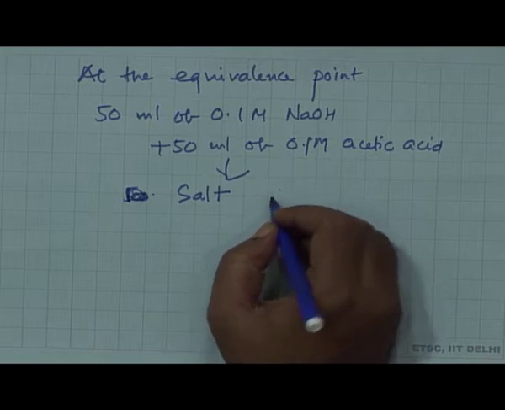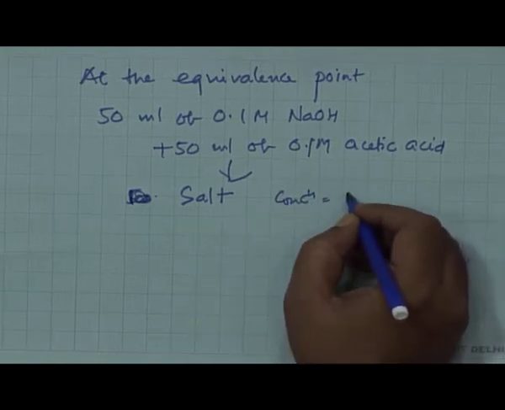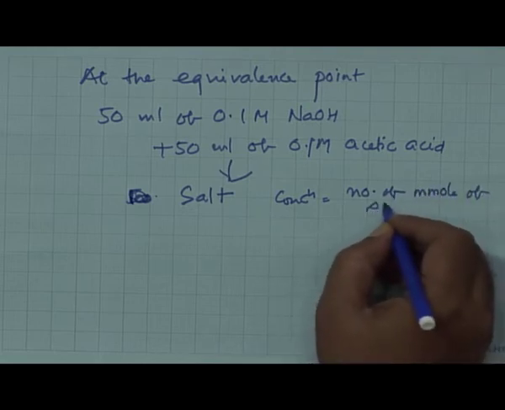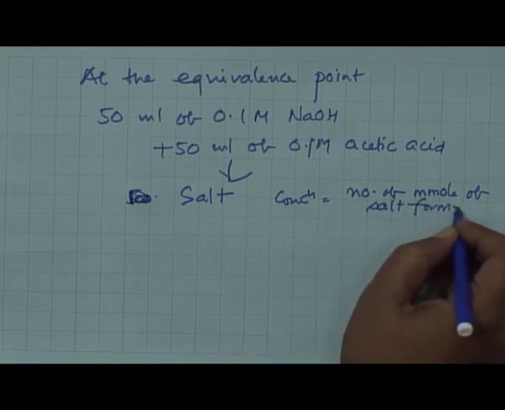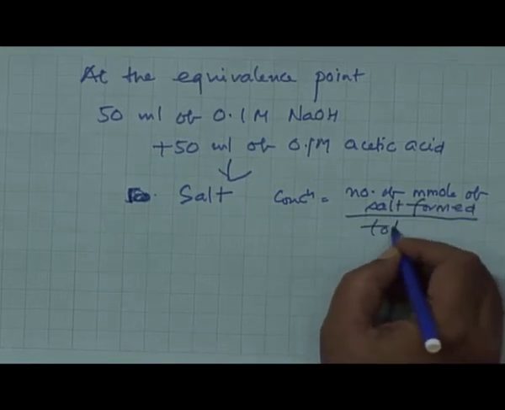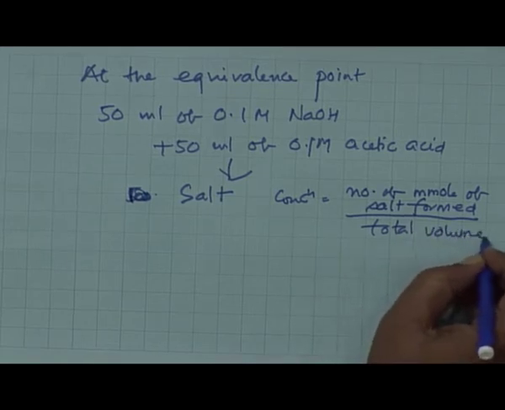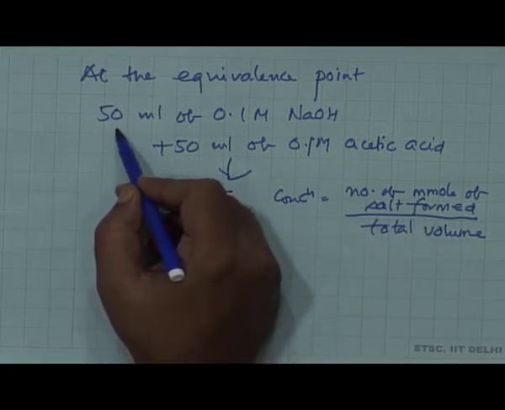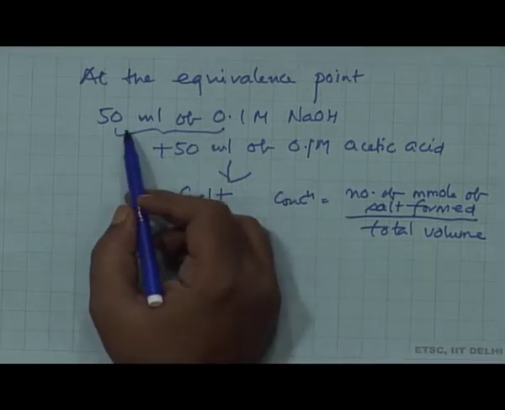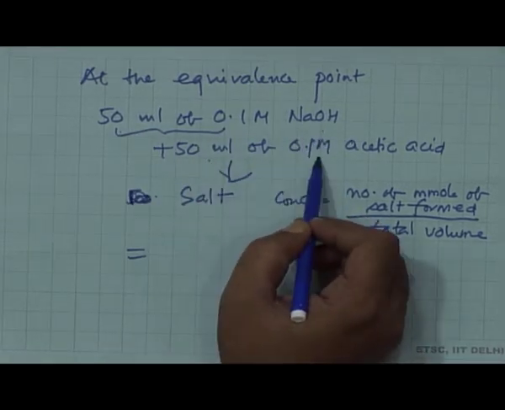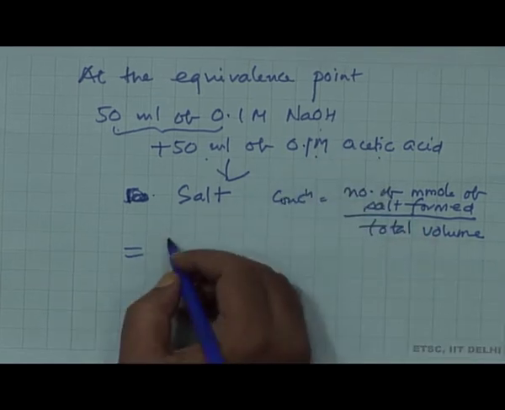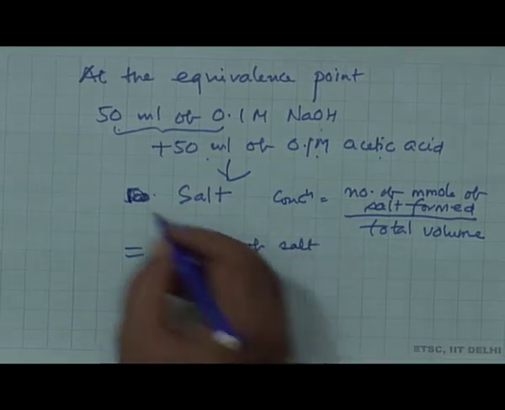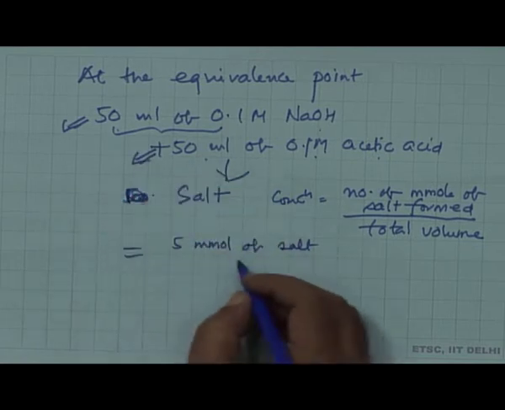The concentration will be the number of millimole of salt formed divided by total volume. What you have done is you have added 5 millimole of NaOH to 5 millimole of acetic acid. It means you will get 5 millimole of salt, and volume is equal to 50 plus 50, so 100 ml.